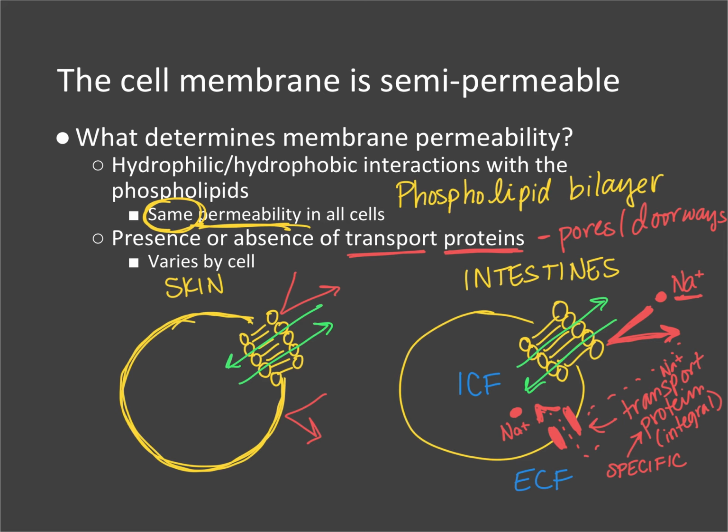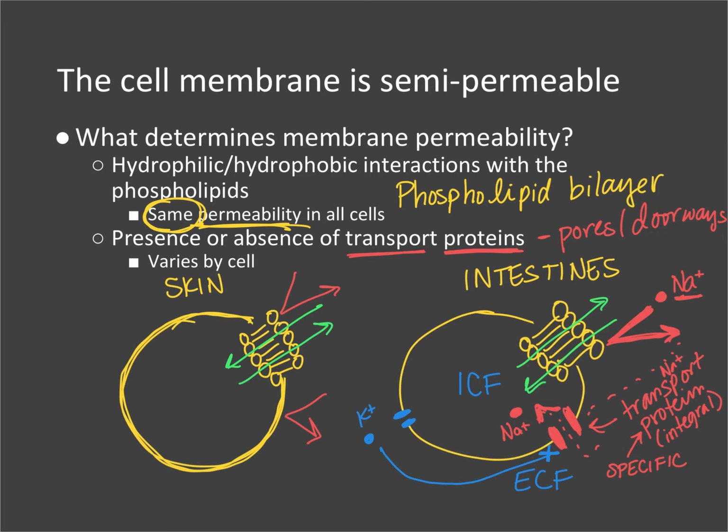Now let's say a different substance needs to be able to get across the cell membrane. For example, let's say we have a potassium ion over here. Now potassium cannot fit through the sodium transport protein because it's the wrong shape and size, and so it won't fit. Instead, potassium has to have its own transport protein specific to it.